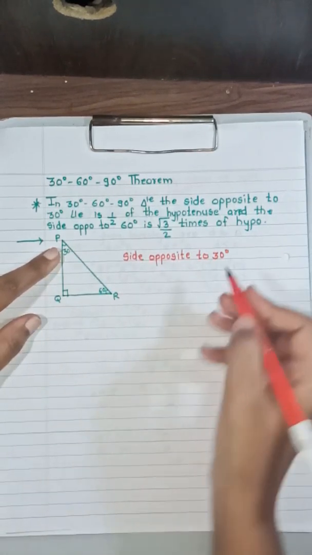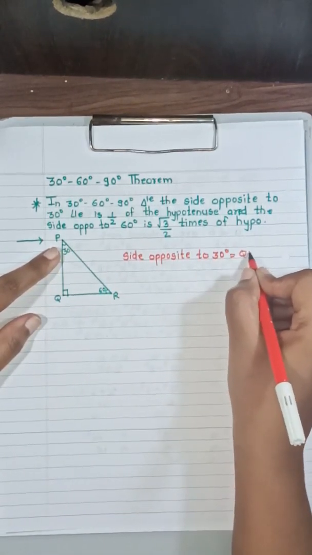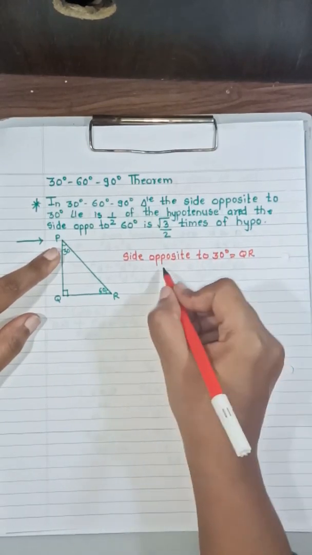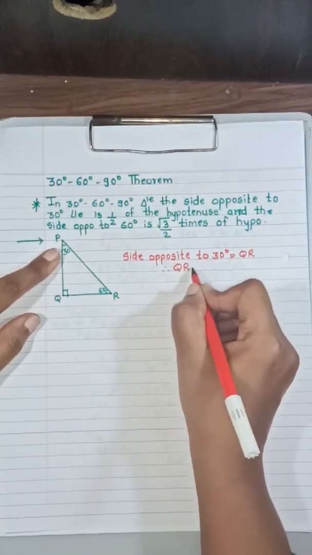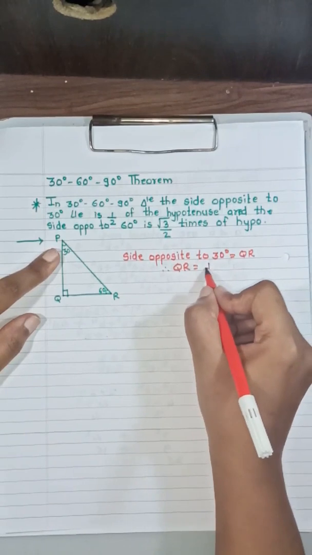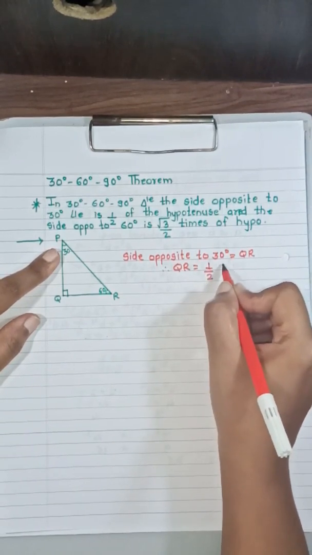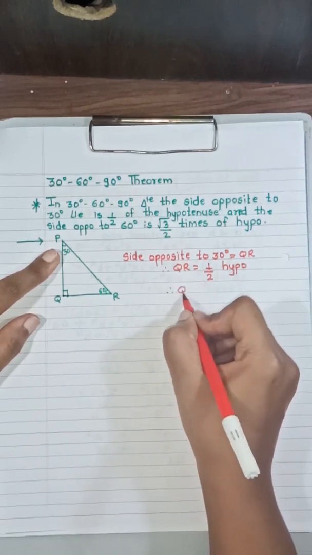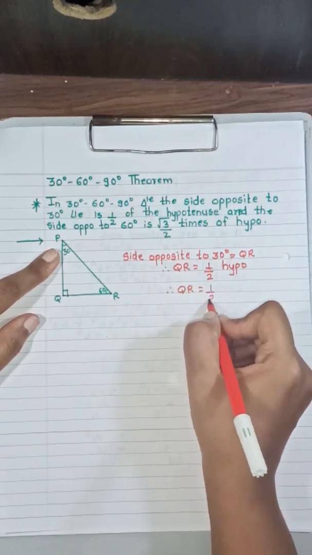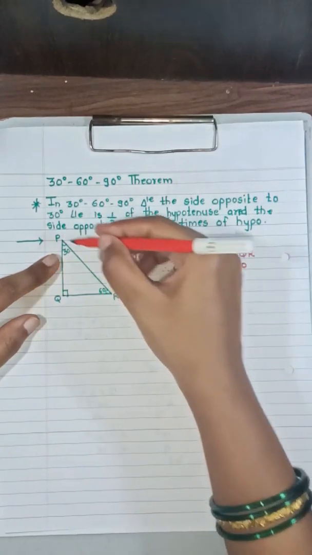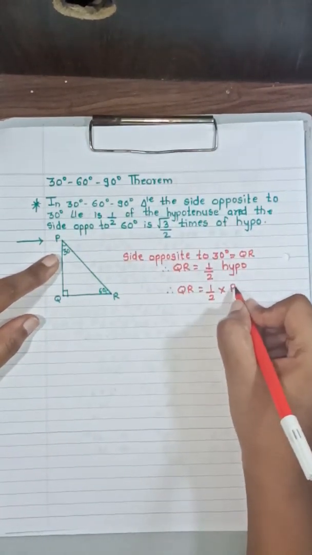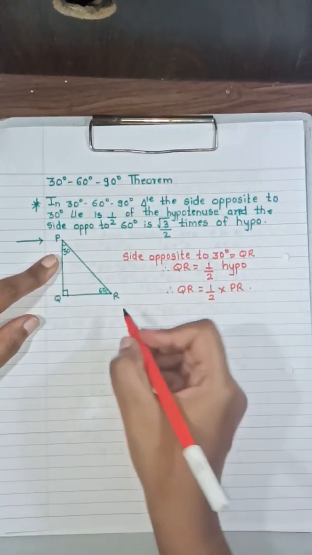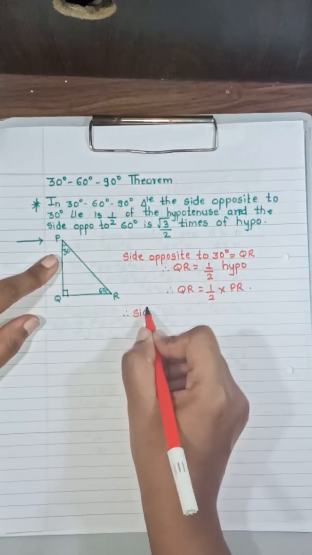That is QR. Therefore QR is equal to 1 upon 2 of the hypotenuse, so QR is equal to half multiplied by the hypotenuse, which is PR.